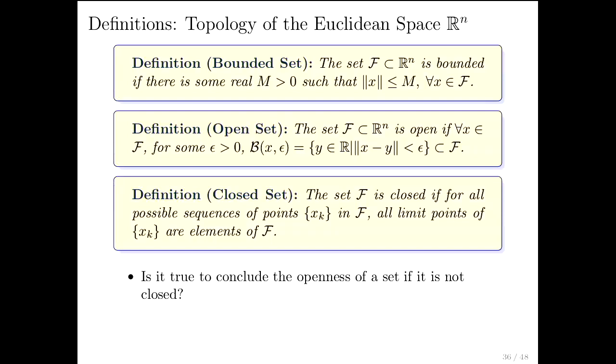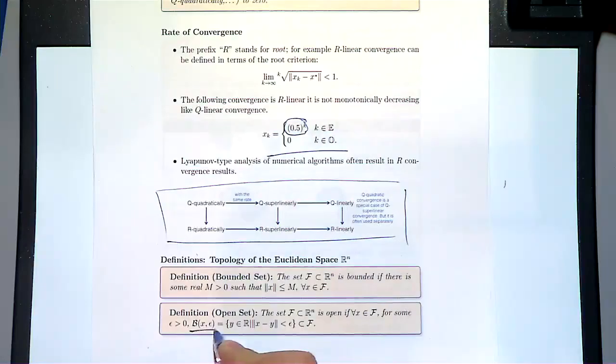Definition of an open set: okay, I need an object like this. I call it a ball. It's a norm ball, exactly.